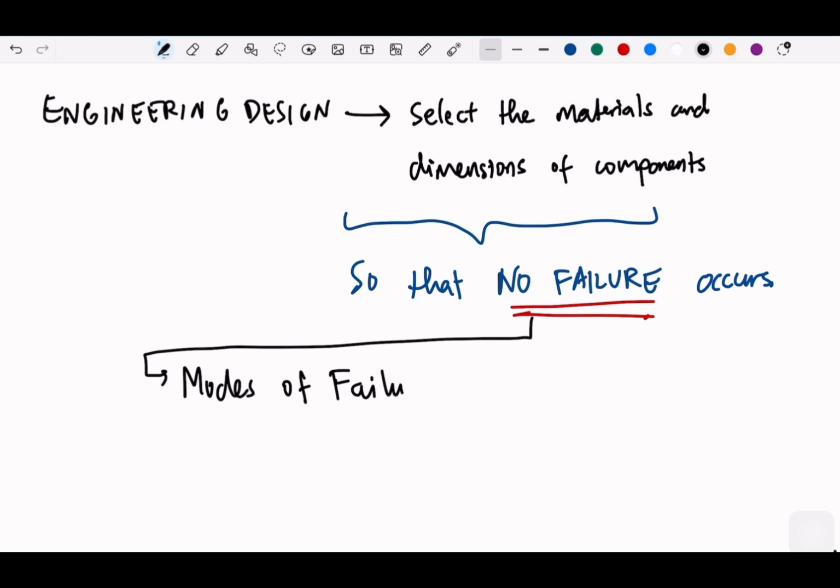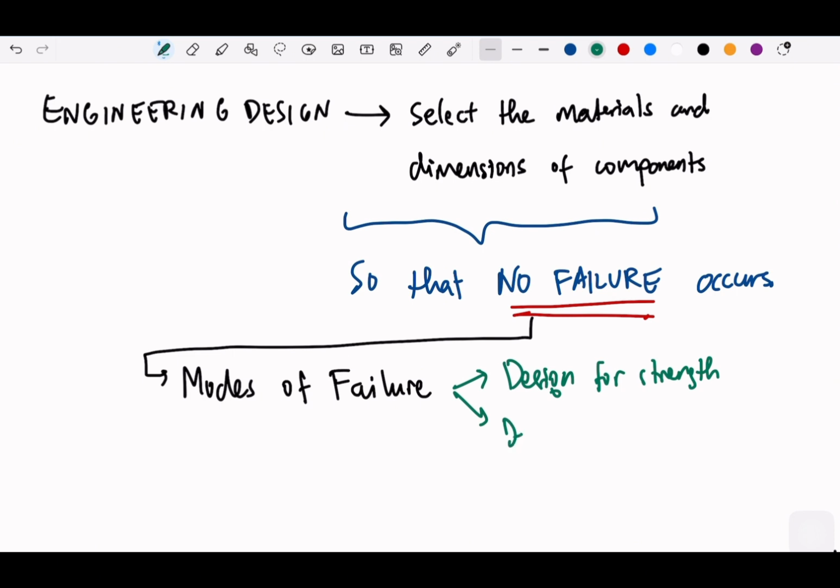So what are the modes of failure? Failure depends on some options that we need to consider. For example, design for strength: we need something that has maybe higher tensile strength, or yield strength is quite high.